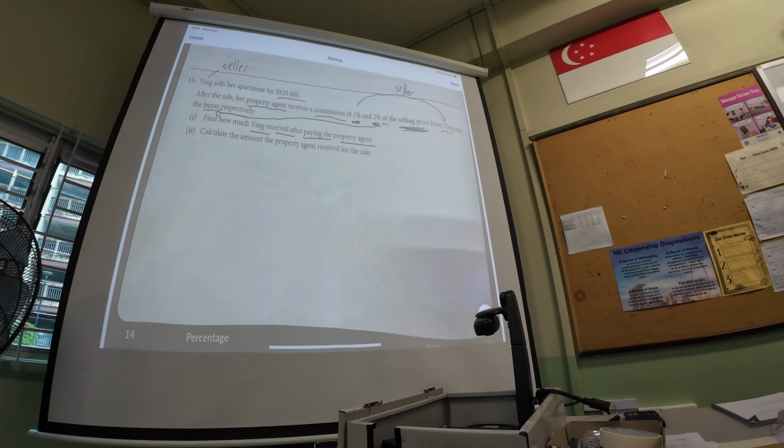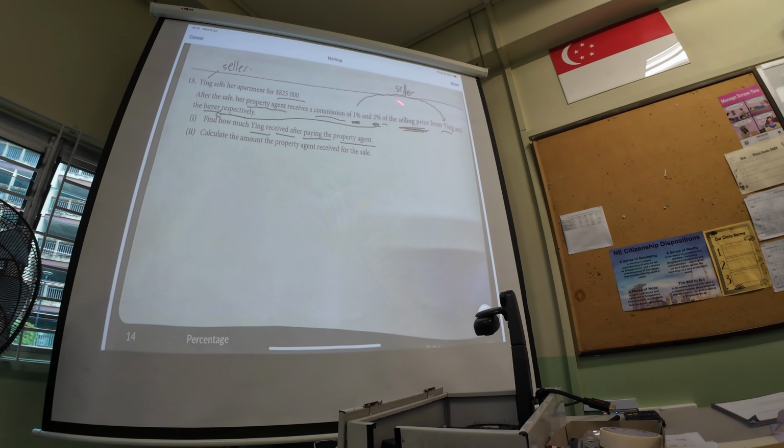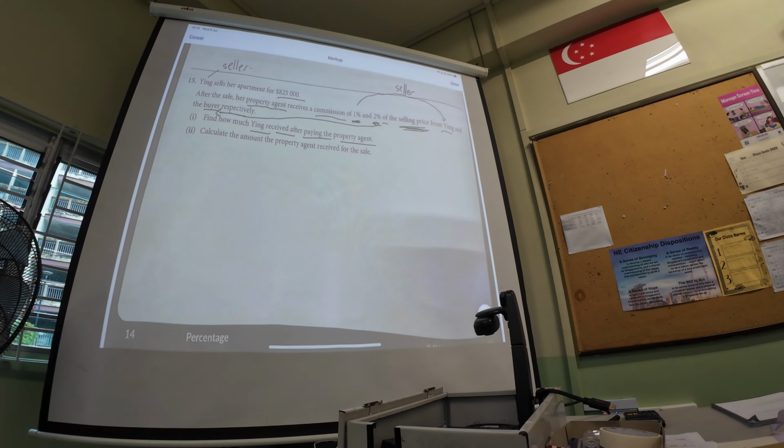One more piece of information not mentioned in this question: in Singapore, the law is you cannot represent both the seller and the buyer. So this won't happen in Singapore.